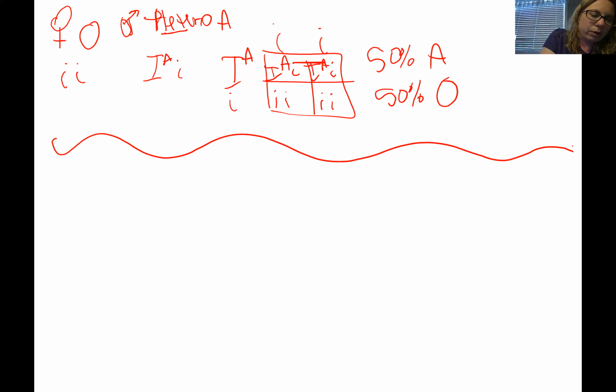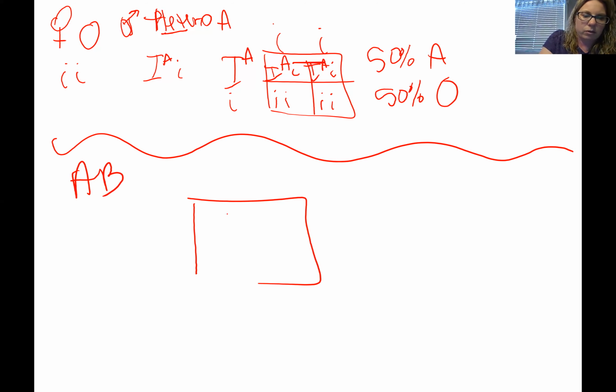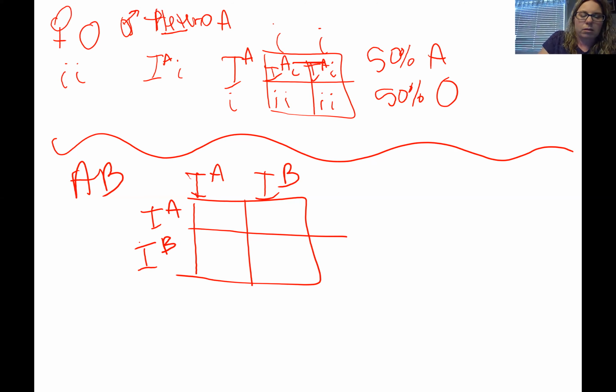Okay, here both mom and dad have type AB blood. Okay, so if we put up our Punnett square, mom is going to be A. Okay, so we'll fill this in. This one's going to be dominant type A. This one's going to be AB.